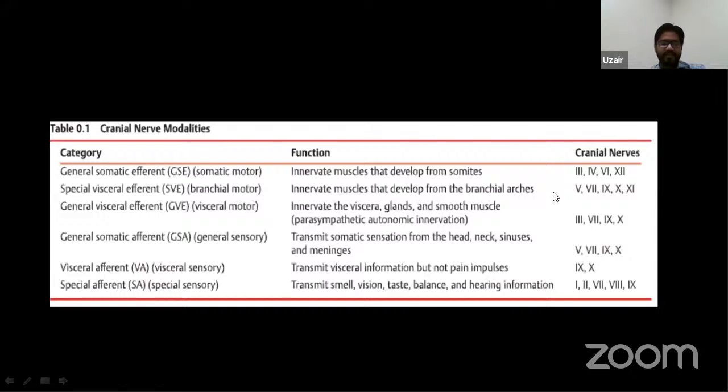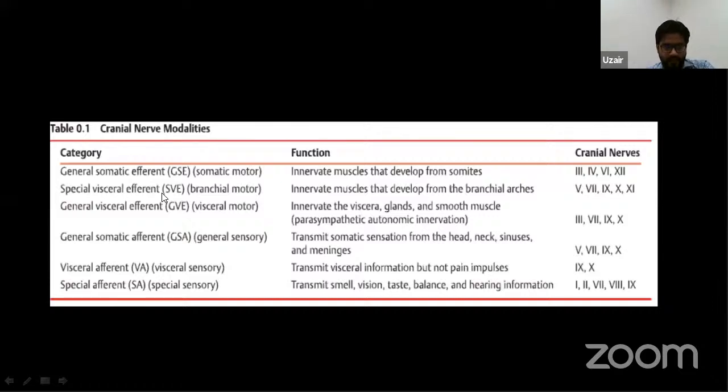These include muscles of mastication and the muscles of facial expression. So again, special visceral efferent, just to remember it, innervates the muscles that develop from the branchial arches. It includes muscles of mastication and muscles of facial expression.